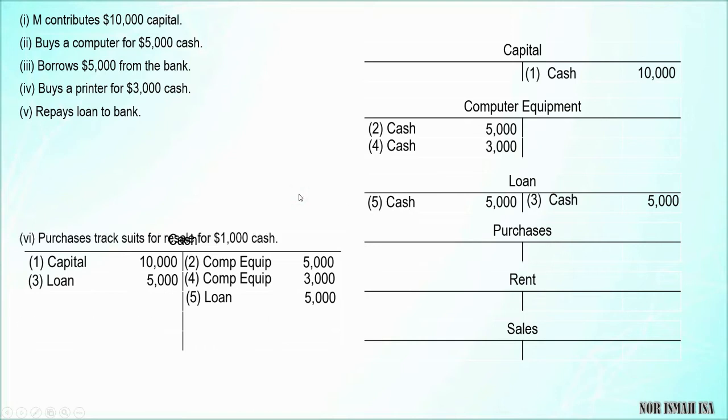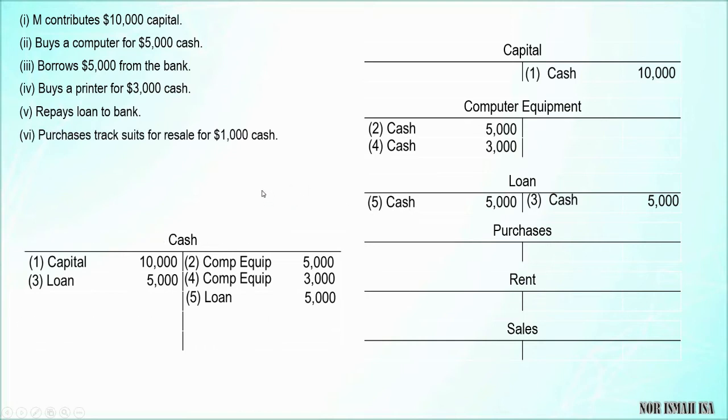Now the company purchased tracksuit for resale for 5,000, so this company is doing trading on sport equipment. So this one will affect purchases. So purchases is an expense that will decrease the equity. So you record debit for purchases.